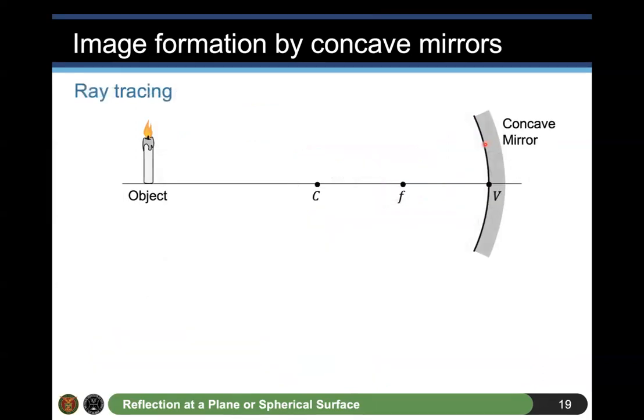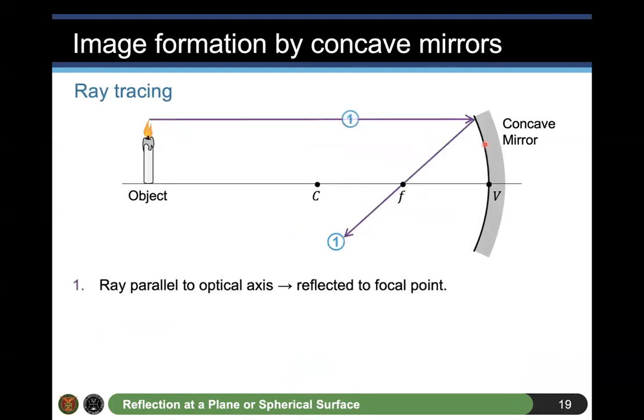So, sabi natin, yung ray tracing makakatulong to see where the image is formed. And there are 4 useful rays, or actually, you just need only 2 but you can draw up to 4 rays para ma-sure kayo, right? First is the ray parallel to the optical axis.